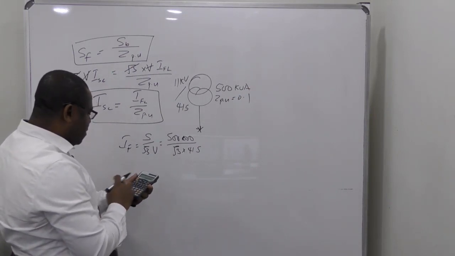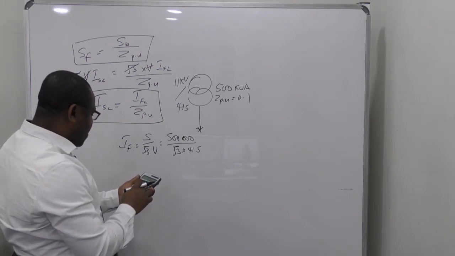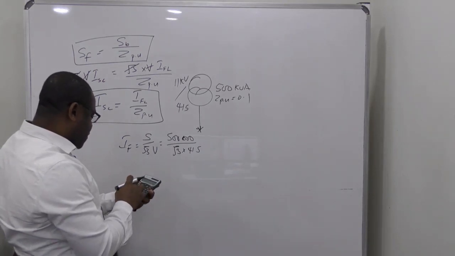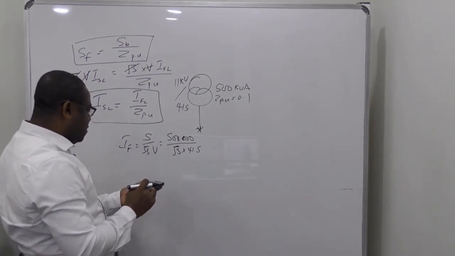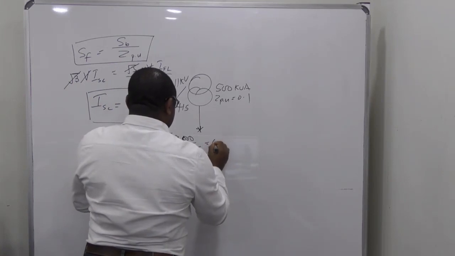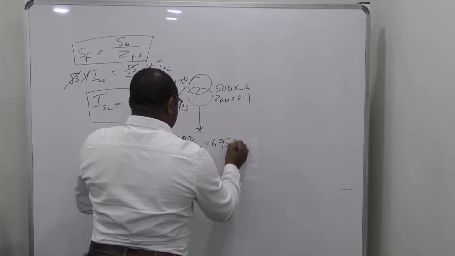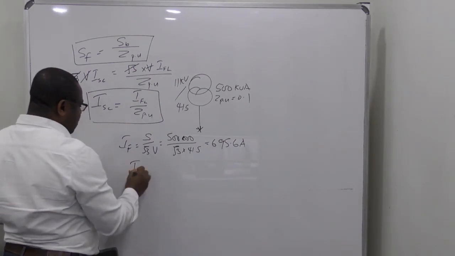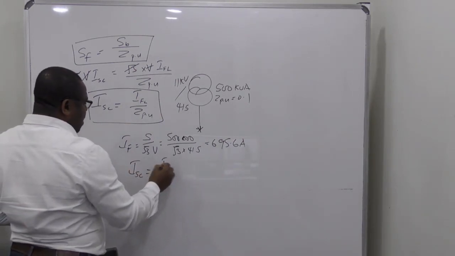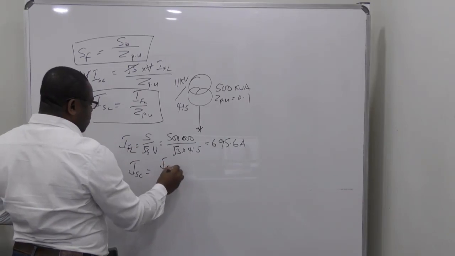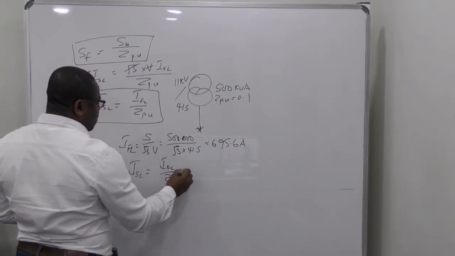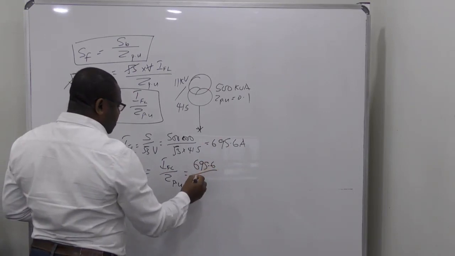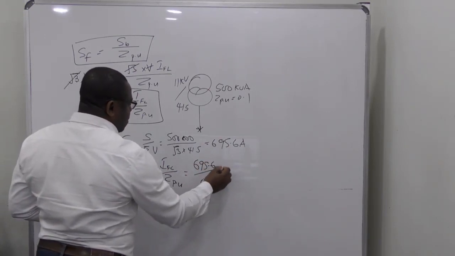So we have 500,000 divided by √3 times 415. You get about 695.6 amps. Okay, so if I want to get I short circuit, I'll say it's I full load over Z per unit, which is 695.6 over 0.1.